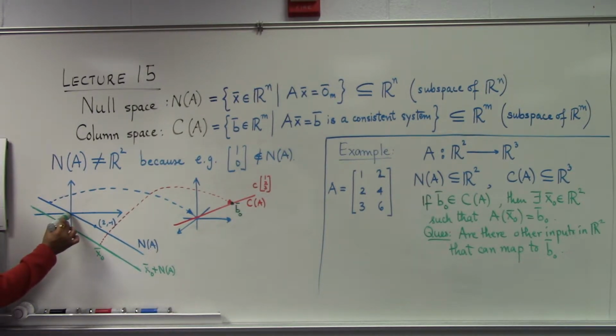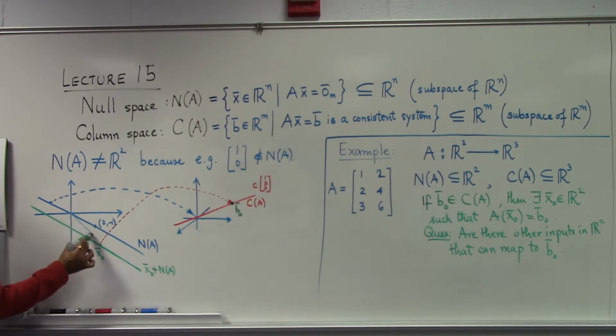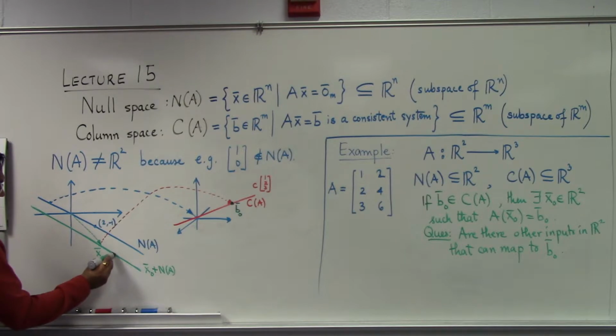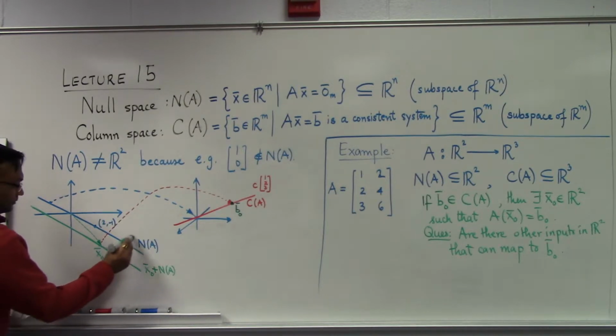So I took this line and shifted everything by this vector X0. I claim that any point which lies on this line, X0 plus N(A), or the shift of N(A) by X0, everything on this line would map to B0.